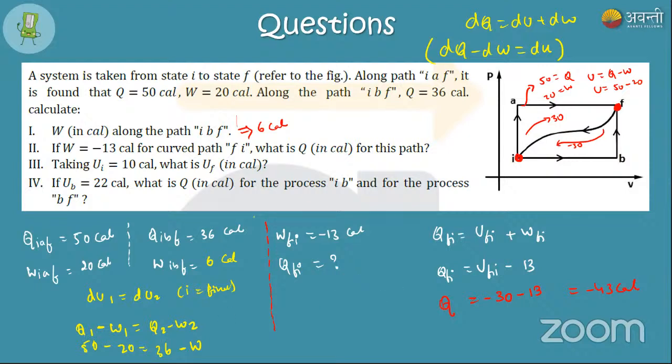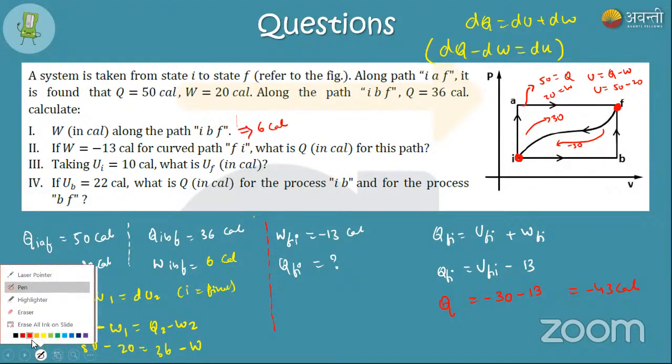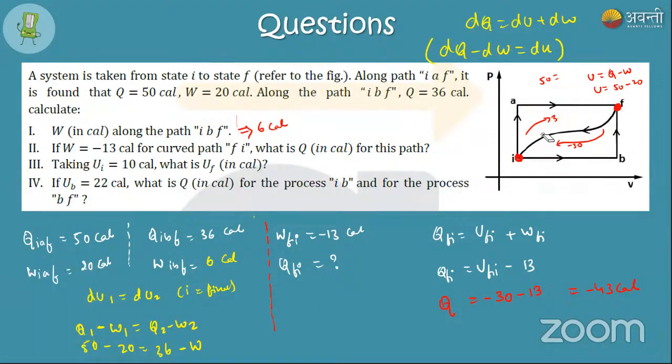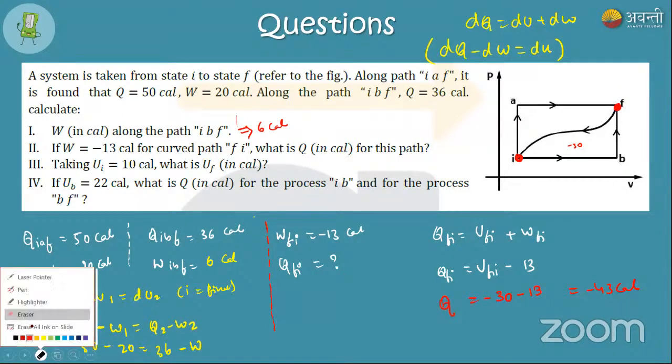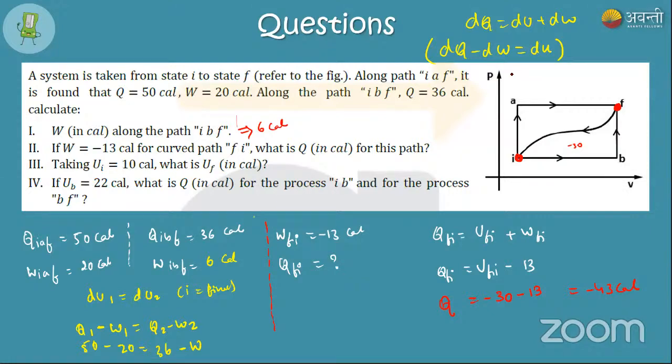Let me be much clearer here. I'm going to tell you once again, so pay close attention. In the process along A, it's given that Q is equal to 50 and W is equal to 20. Therefore, if I use the first law for I to F through A, I find that U is equal to positive 30, since the temperature increases.